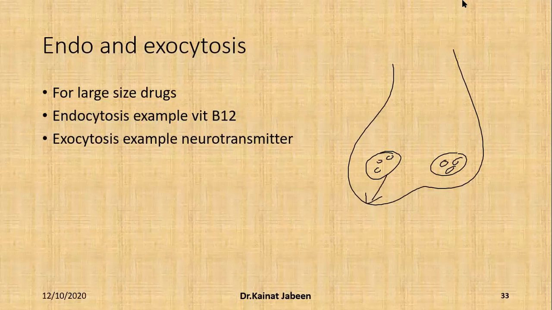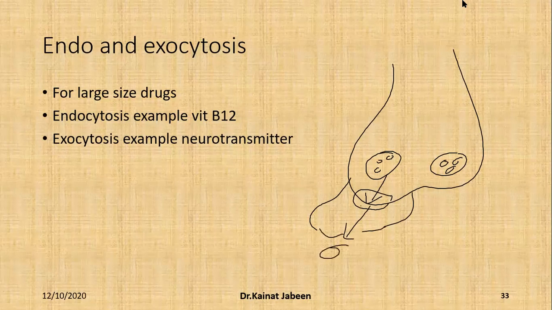When they reach the membrane, the membrane moves aside and allows them to move out. These are the four mechanisms. Any confusion? If you have any confusion about the mechanisms, you can ask.